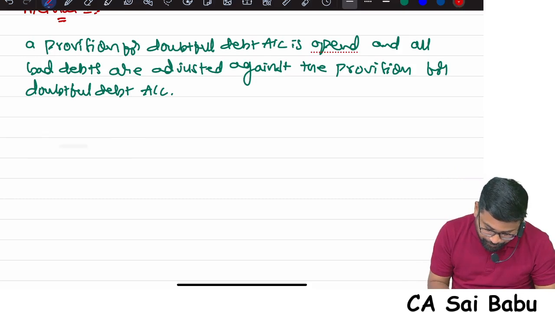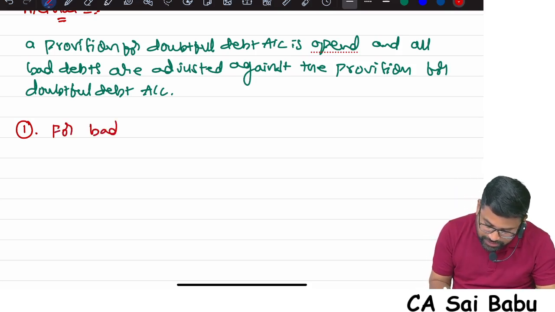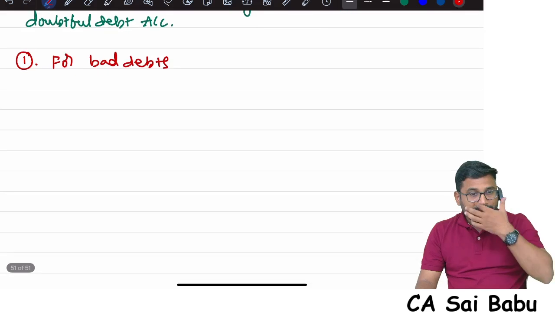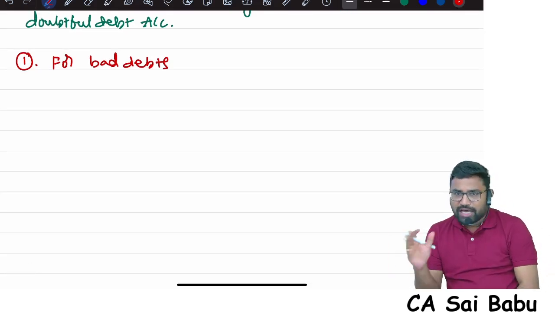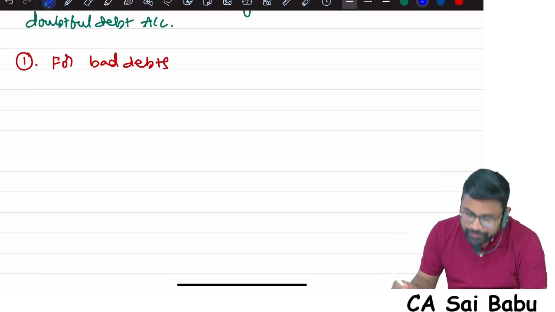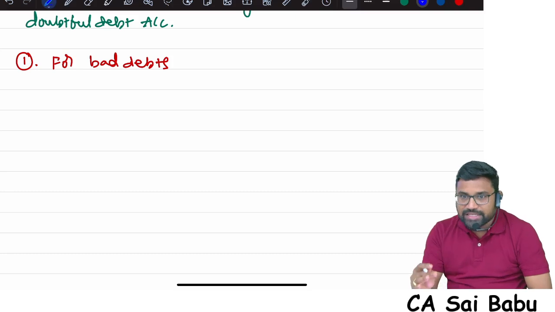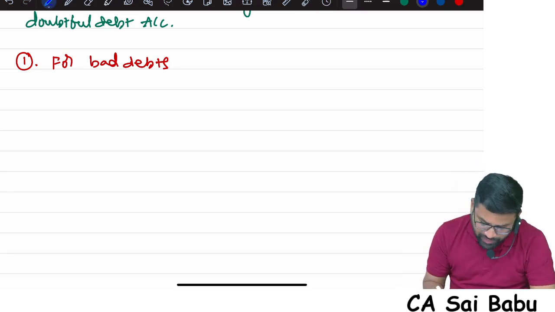First, for bad debts. Suppose bad debts came during the year. Bad debts means a debtor has not paid the amount. Bad debt is a confirmed loss. What is the entry?